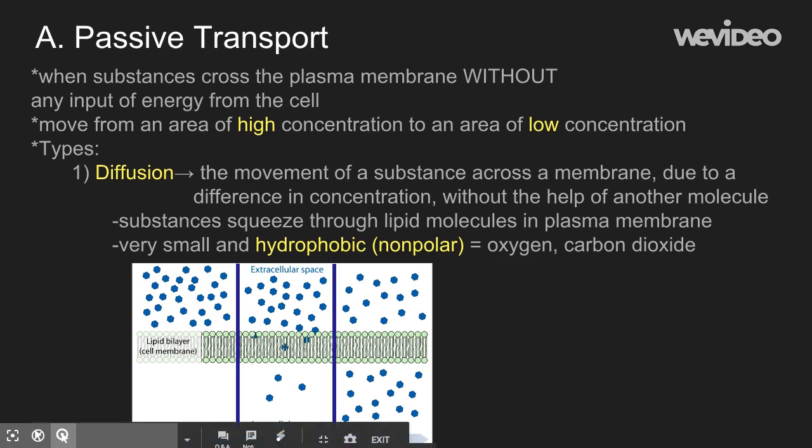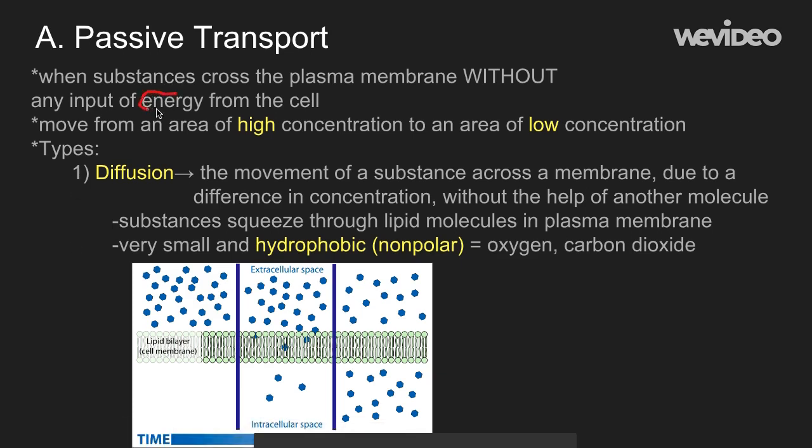Okay, so the first part here, passive, two keywords: without energy. Passive means substances are going to be transported or moved across the plasma membrane without the use of energy.